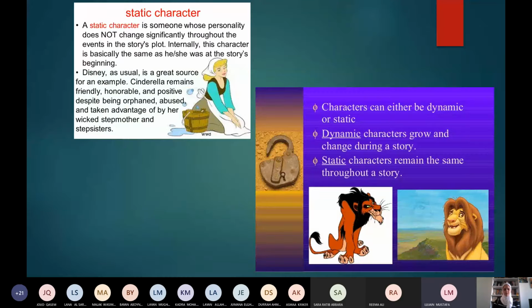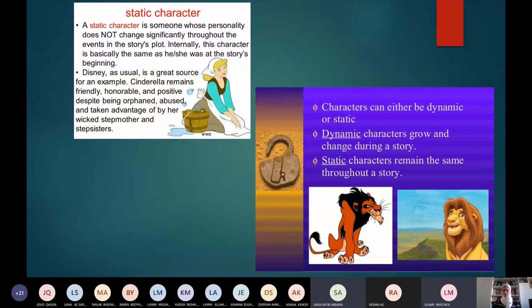You know Cinderella? Yes. Does her personality change through the story? No. So is she static or dynamic? Static. Dynamic is from the word dynamo. You didn't take it in physics? You didn't take physics till now?